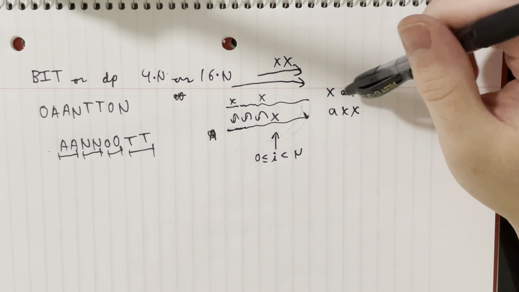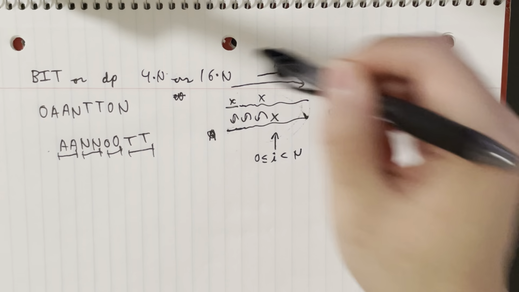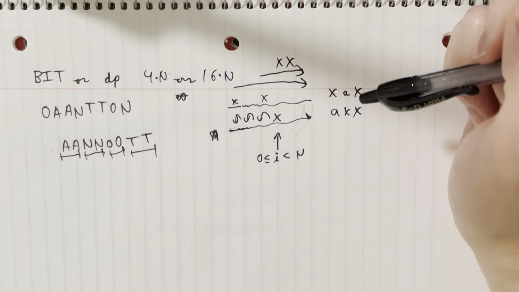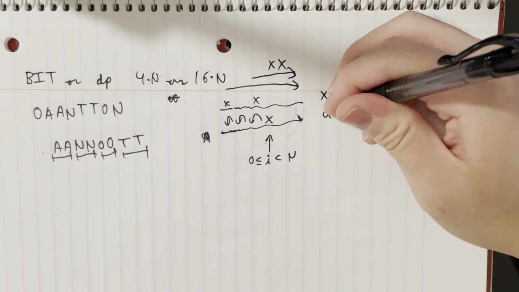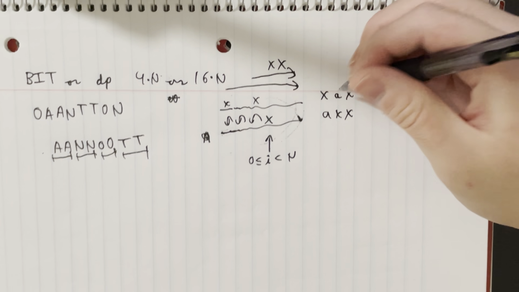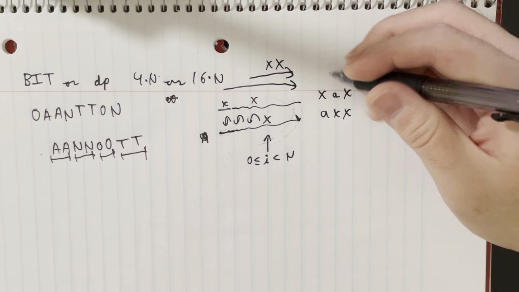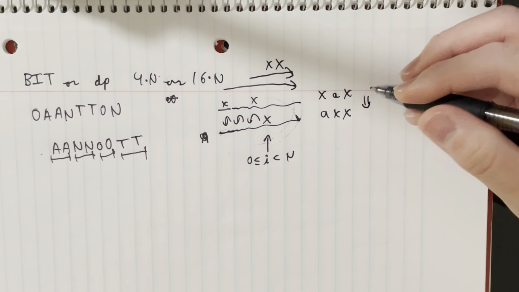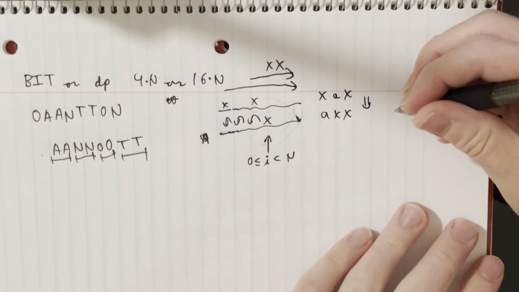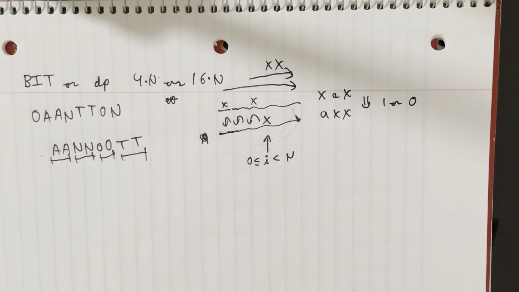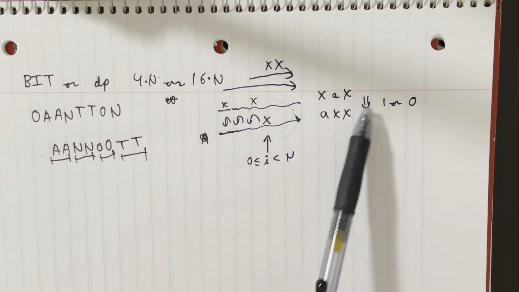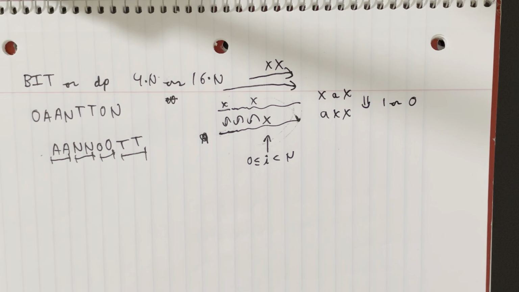It's possible that moving this A over here makes it closer to its respective occurrence of A, but that's okay, because even if we lose an inversion by putting A over here, we can guarantee that we gain an inversion by moving an X back. So doing this move will have a net change in the number of inversions of either 1 or 0, so it will never make our answer worse. That's a rough intuition on why grouping the same characters into one block is correct.